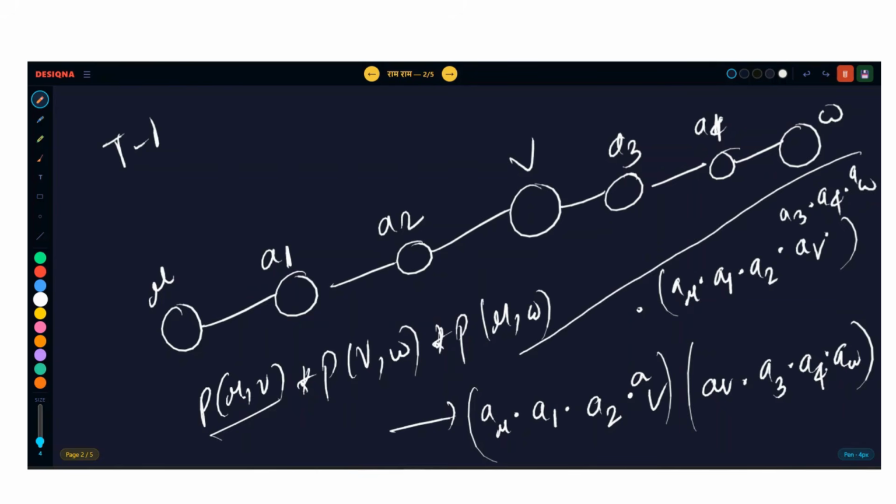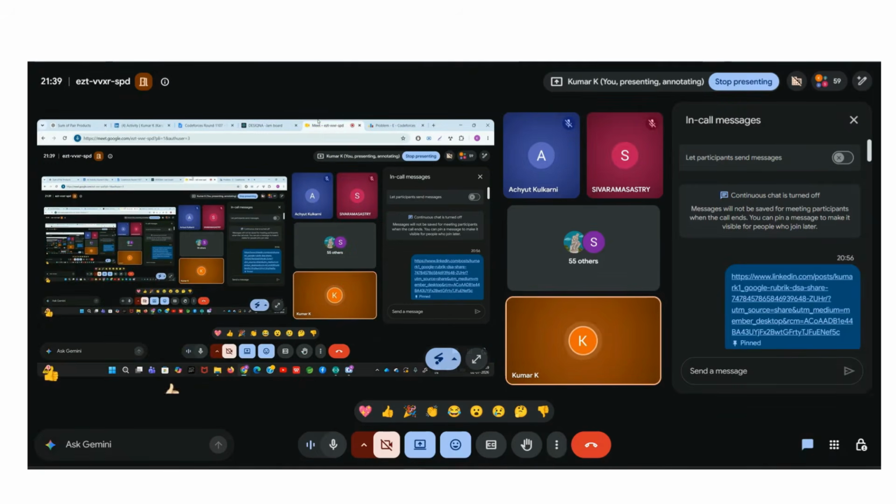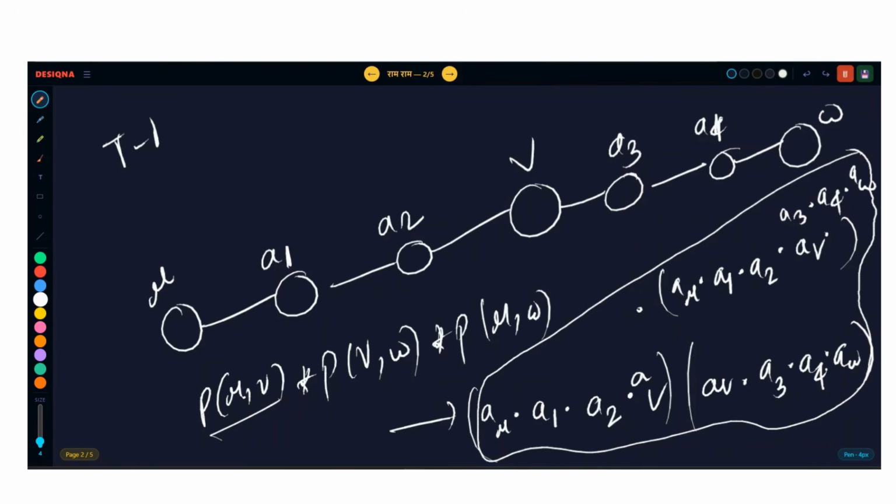Guys, can you see some pattern in this whole product? React with emojis. All the numbers are coming 2 times except AV.